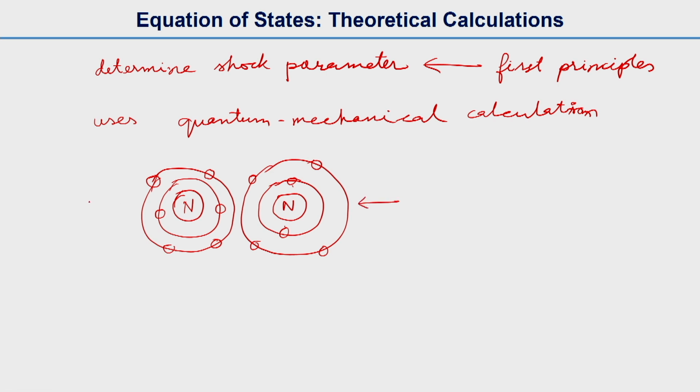If we compress the group of atoms, we are drawing only two of them, these electron shells will interpenetrate, and there will be very high forces in between these atoms.